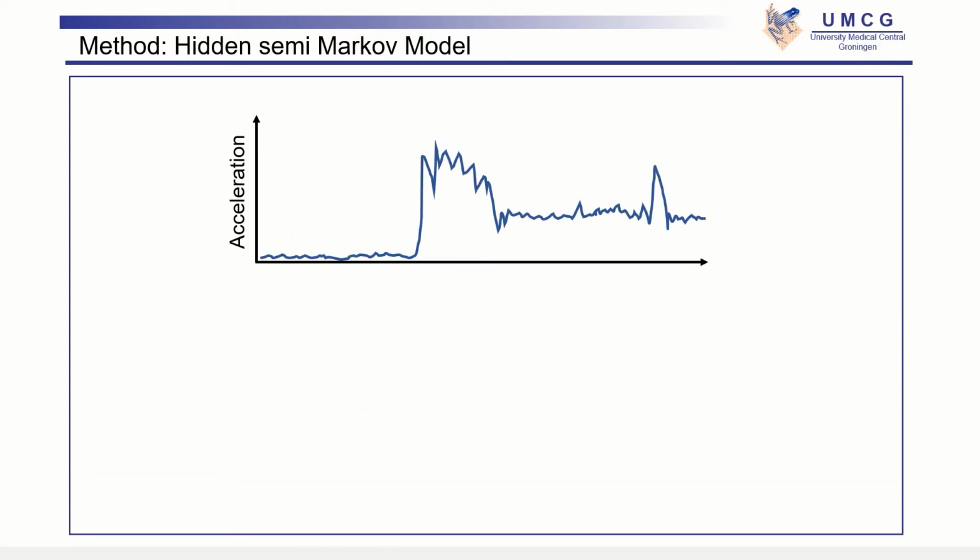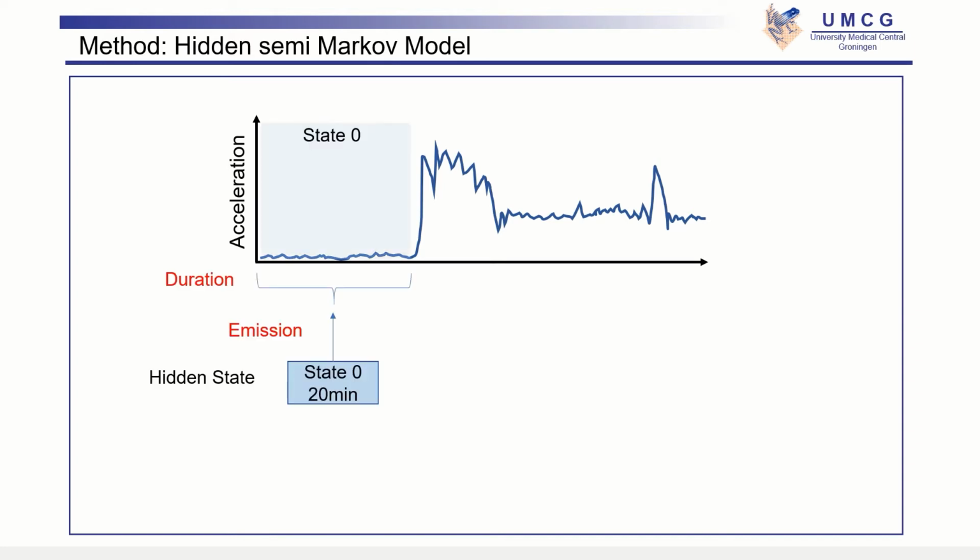In this method, in order to explore the different physical activity intensity levels from acceleration, a hidden semi-Markov model was used. It is an unsupervised machine learning method, and it can automatically cluster hidden states from acceleration.